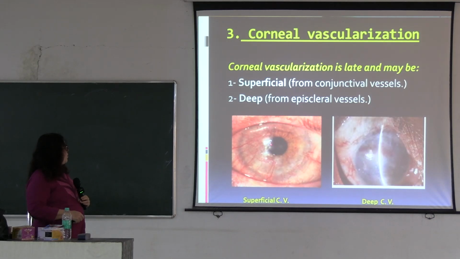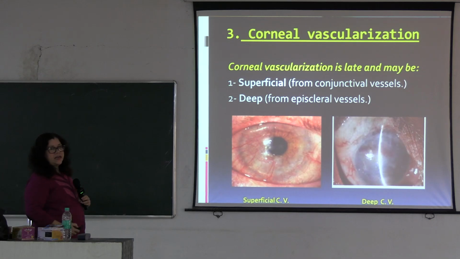This type of vascularization is present if the conjunctiva is also involved, and mainly occurs in trachoma and conjunctivitis, and in the deep layer it involves the episcleral vessels, if there is a deep corneal ulcer.